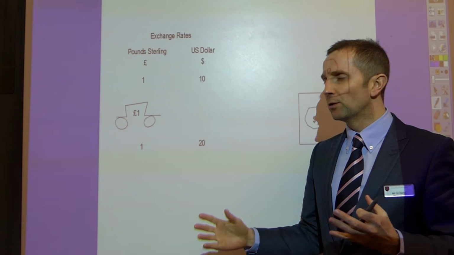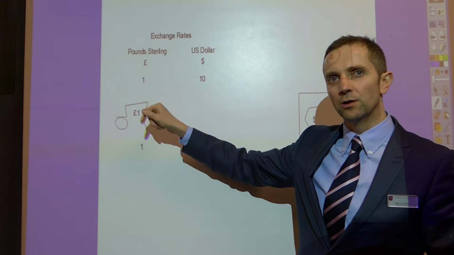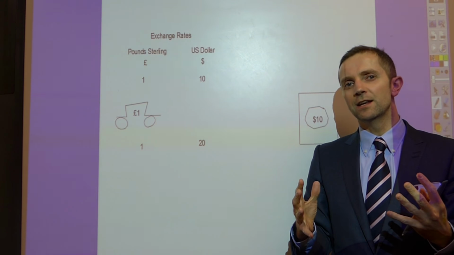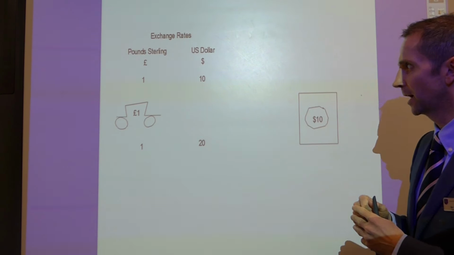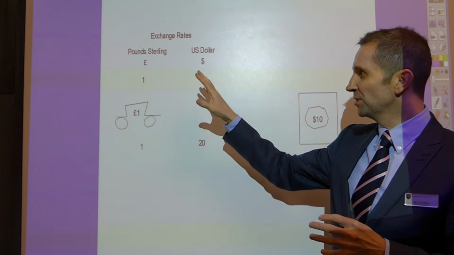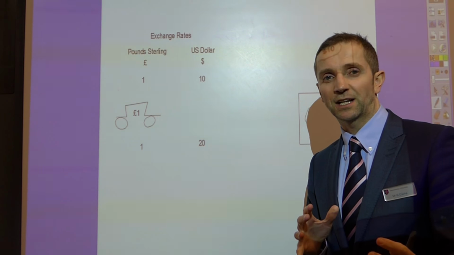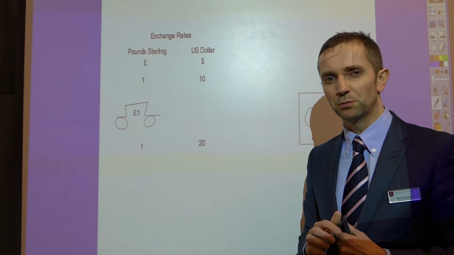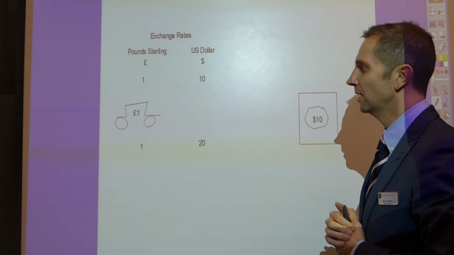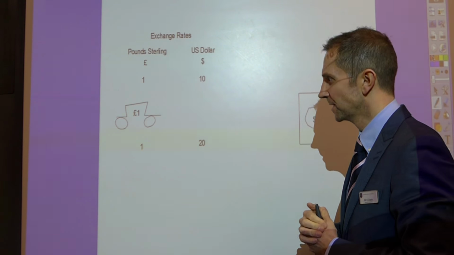And we're setting up here with an exchange rate of £1 will buy 10 US dollars. Now, you can use this very easily to illustrate how this impacts the price of exports and imports and hence the subsequent demand. So let's have a little think about this.